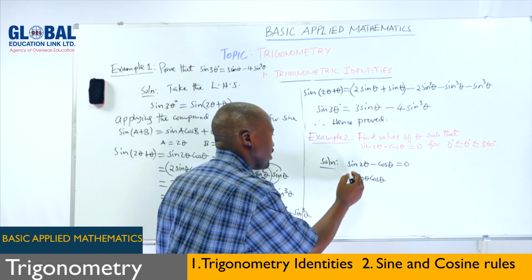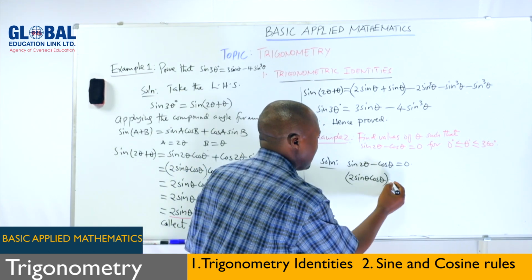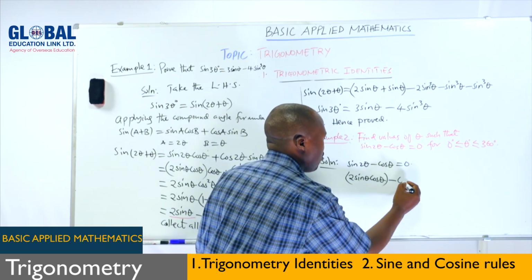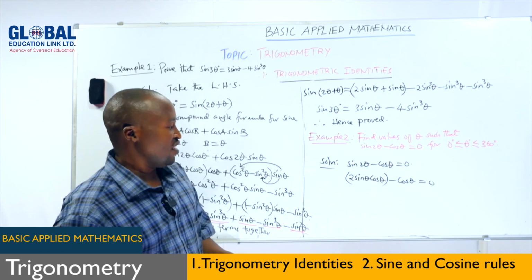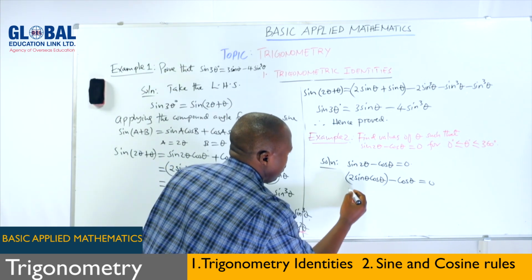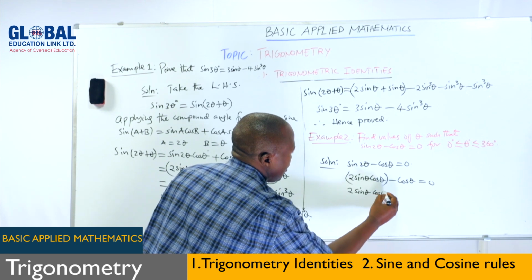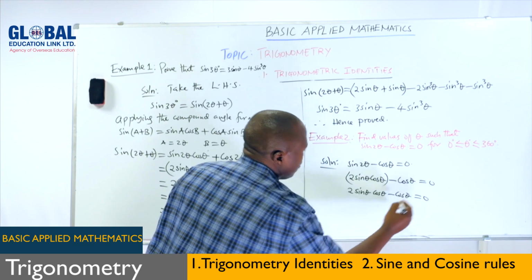So this one is for sine 2 theta. Now minus, then again we have cos theta, which is equal to 0. Therefore we have 2 sine theta cos theta minus cos theta is equal to 0.